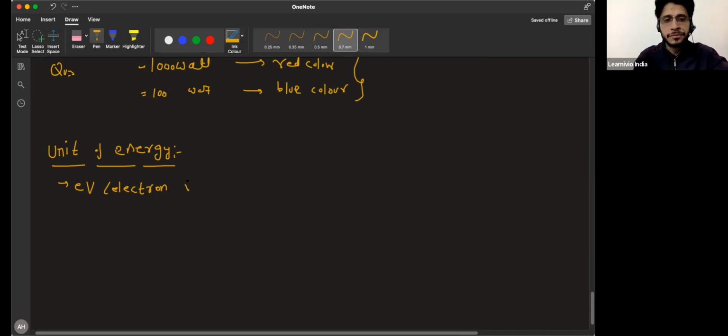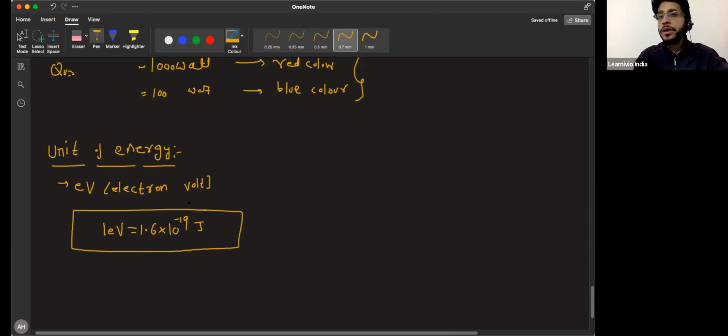1 electron volt is 1.6 into 10 raised to the power minus 19 joule. So this is the relation between electron volt and joule.